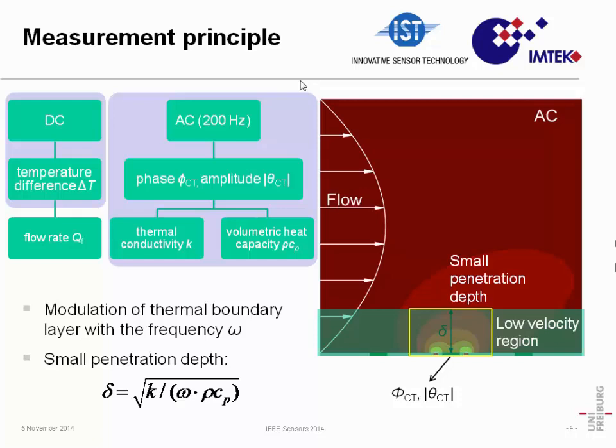The way to assess those thermal properties is by measuring the amplitude of the temperature oscillations and the phase shift between those oscillations and the sinusoidal signal applied on the heater. This way, if we are able to determine thermal conductivity and the volumetric heat capacity, it should be possible to determine the flow rate without doing an extra calibration.